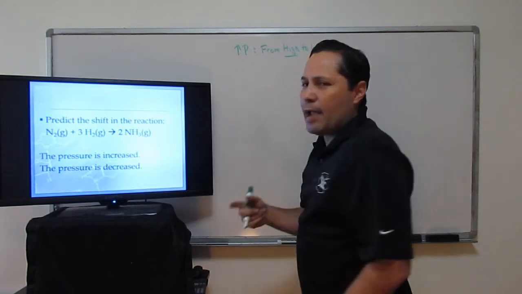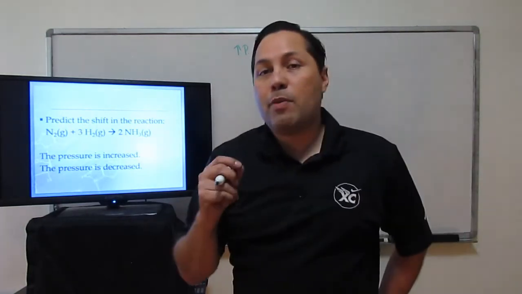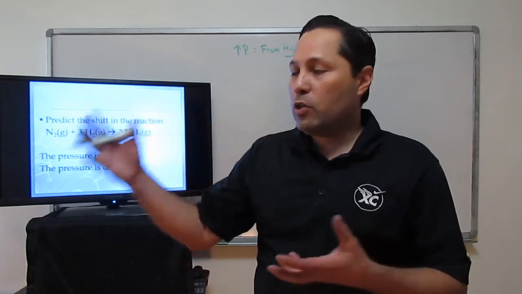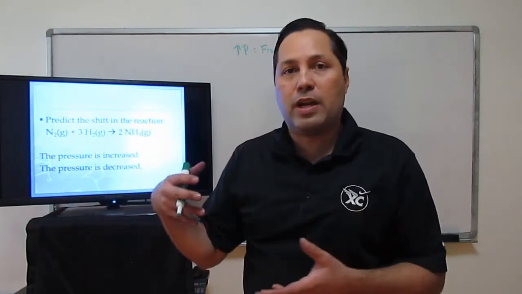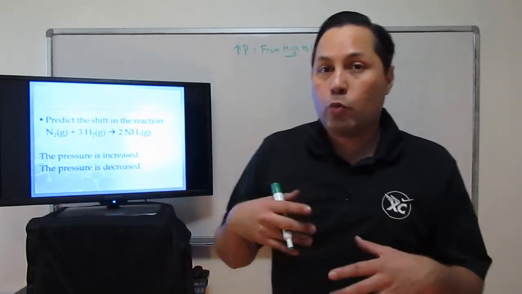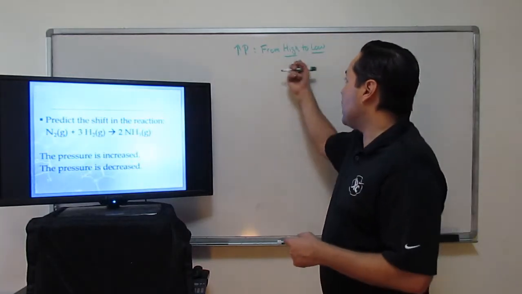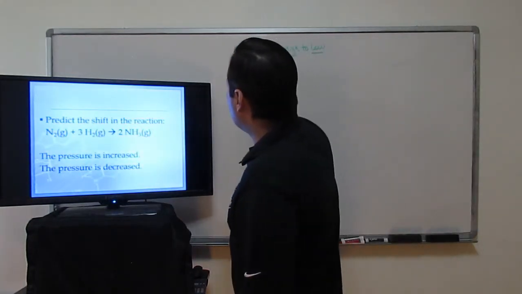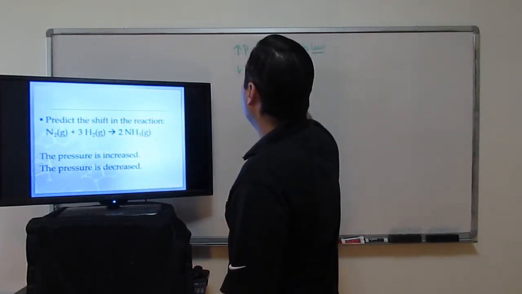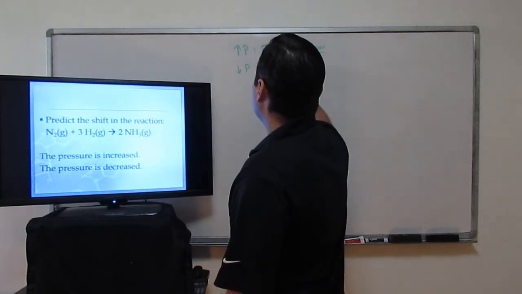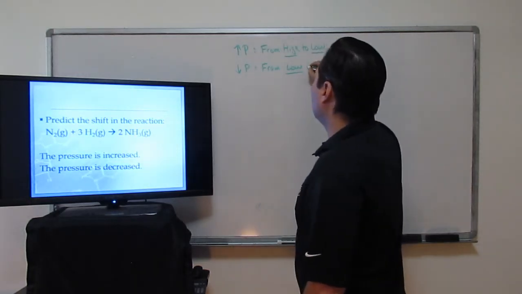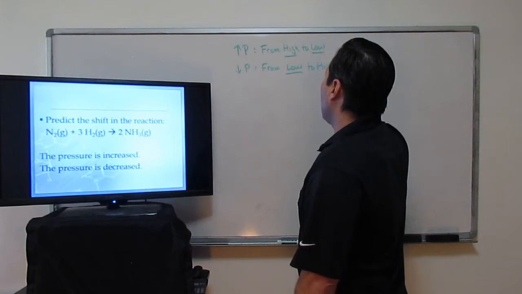And what I mean by high and low is how many gas molecules there are. One side of the reaction is going to have more gases than the other. So when you increase the pressure, it will flow from the high to the low. If you decrease the pressure, it's going to flow from the low number to the high number. So it's going to do the opposite.